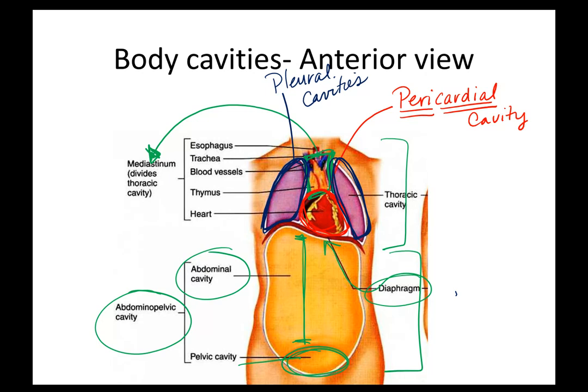So if I were to show you a picture of a lung and ask what cavity this is in, you would say the pleural cavity. If I showed you the heart, you would say the pericardial cavity. If I showed you the stomach and asked what cavity it sits in, it's in the abdominal cavity. You have to be very specific about what you're describing because they do have their own individual cavities.